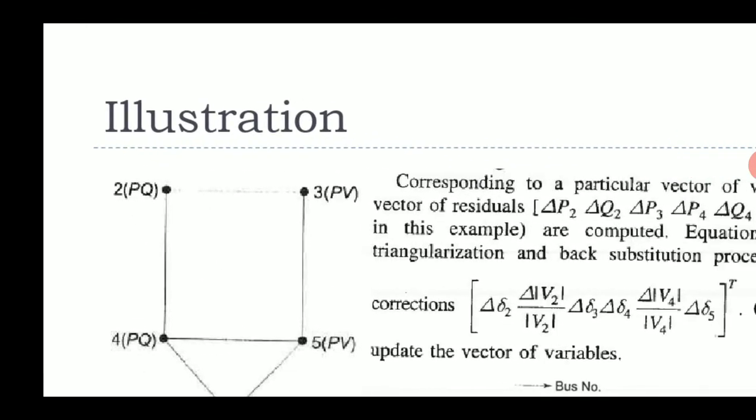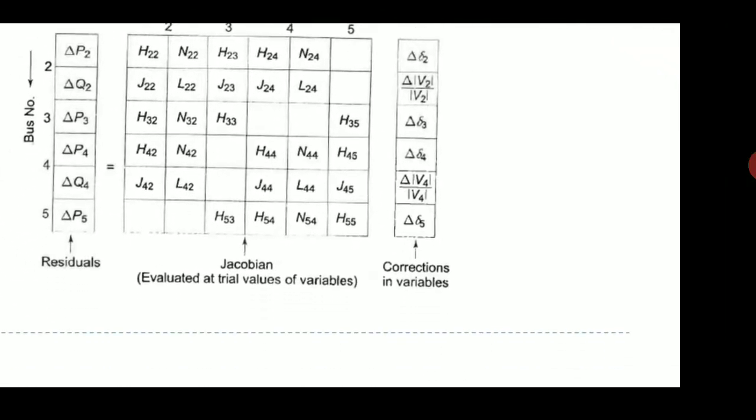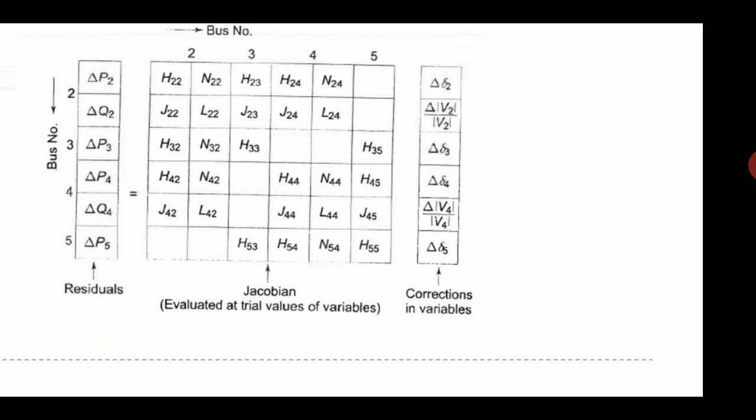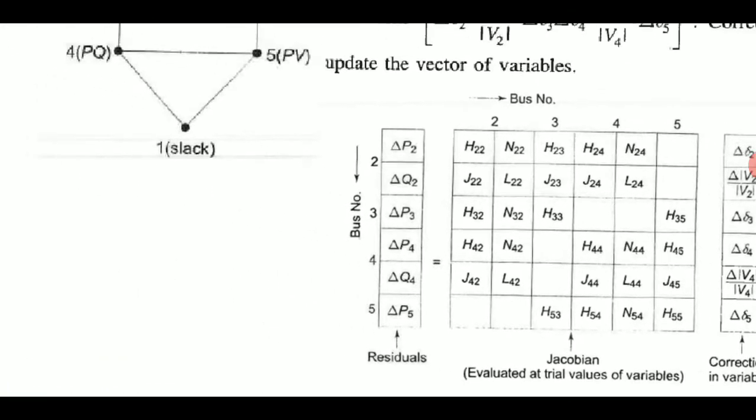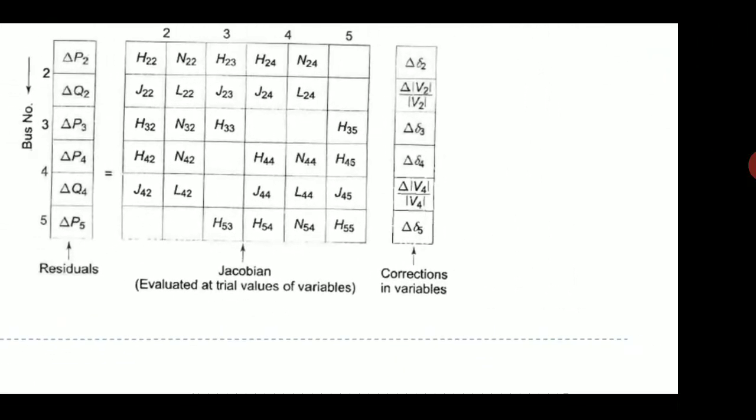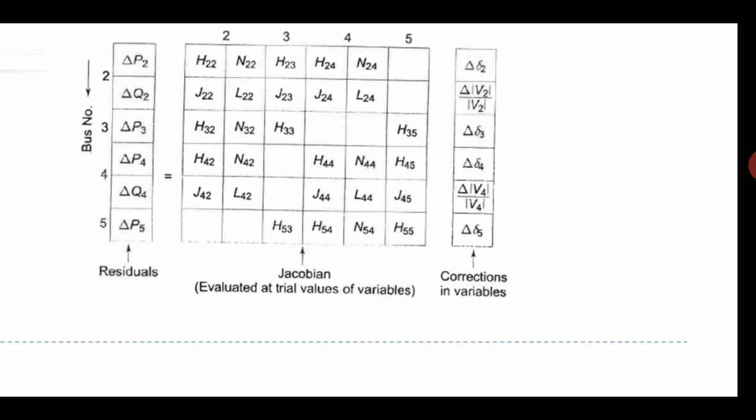You can see delta 3 is for the PV bus, and delta of delta 4 and delta V4 by V4, that is for the 4th bus, the PQ bus, and we have delta of delta 5 for the other PV bus. Okay, so for all these particular pairs we have a particular matrix of H, N, J and L.